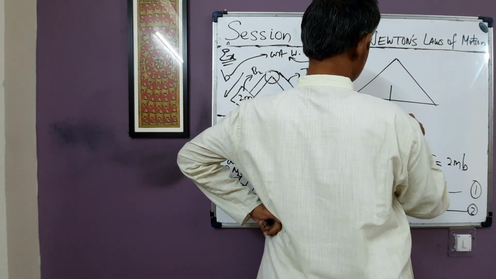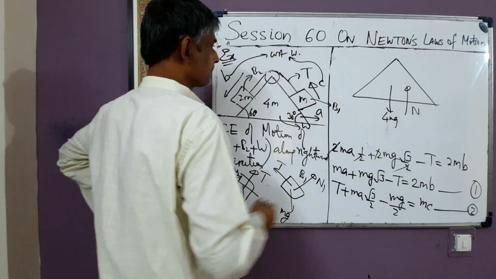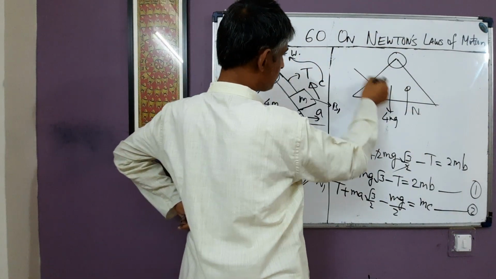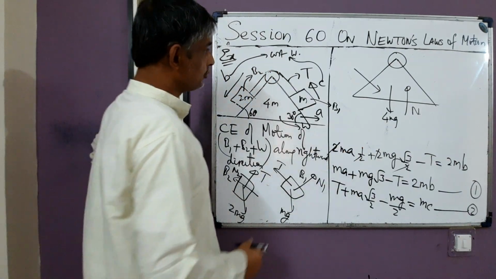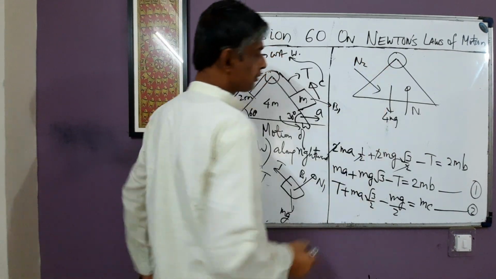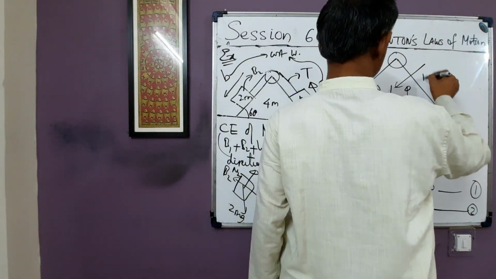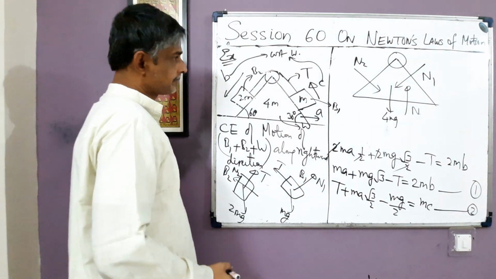Here 4mg acts. Here ground exerts normal force N on the wedge. Pulley is a part of the wedge. 2M exerts a normal force of N2 on the wedge as per Newton's third law. This M exerts a normal force N1 on the wedge opposite to this direction as per Newton's third law.